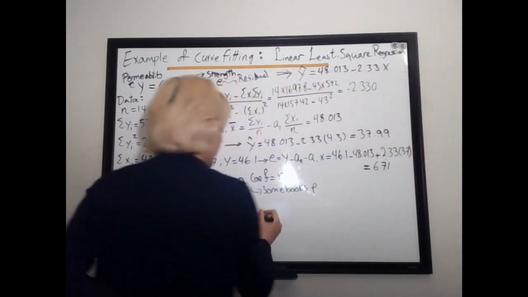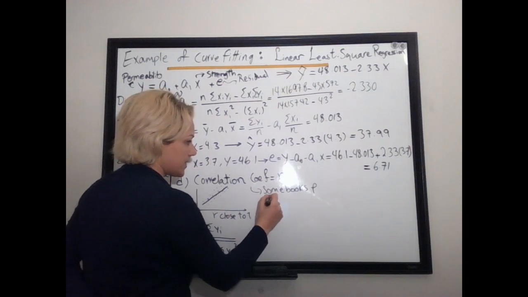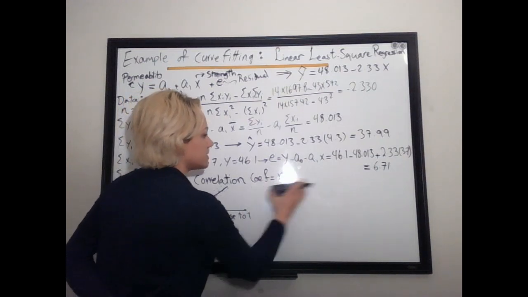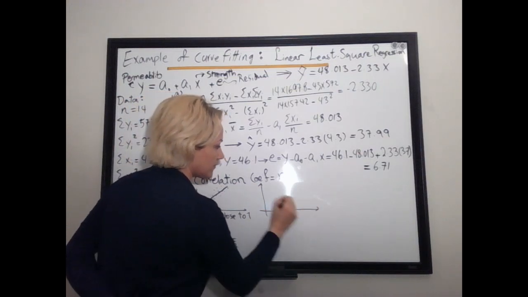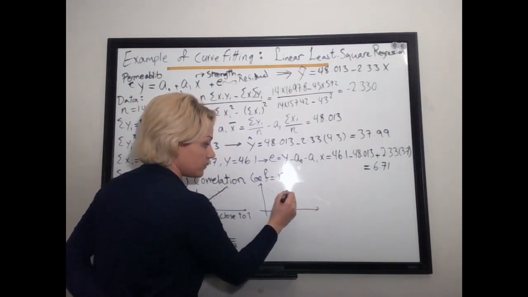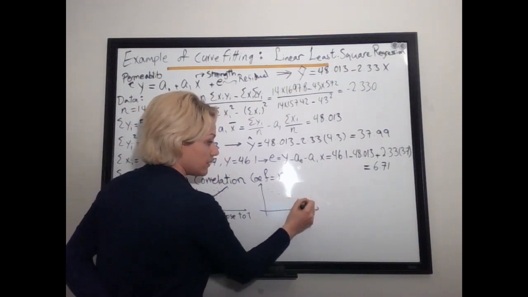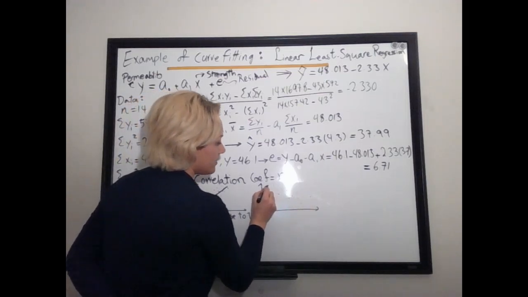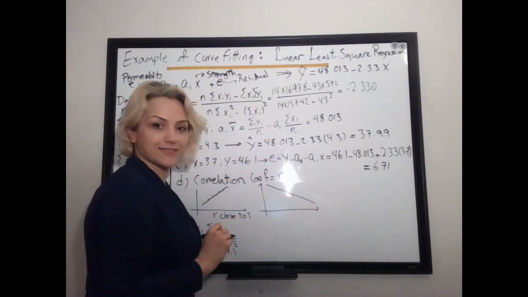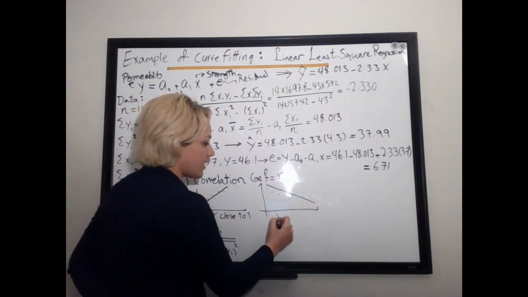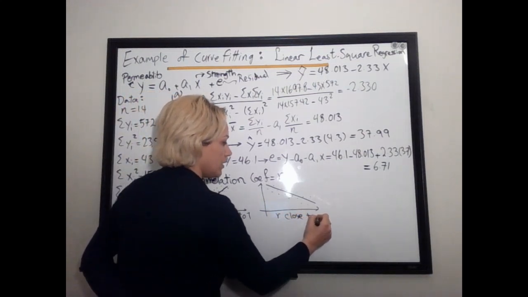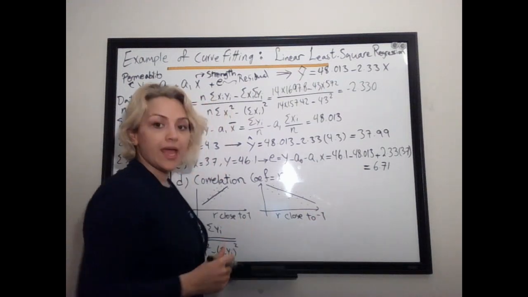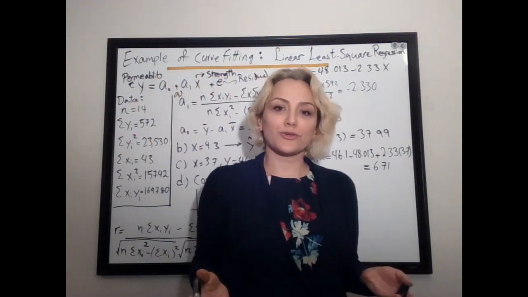So in that case, the way that we would show it is like this. They are correlated, look at here, but they're correlated like this. With this one, we would say R is close to -1.